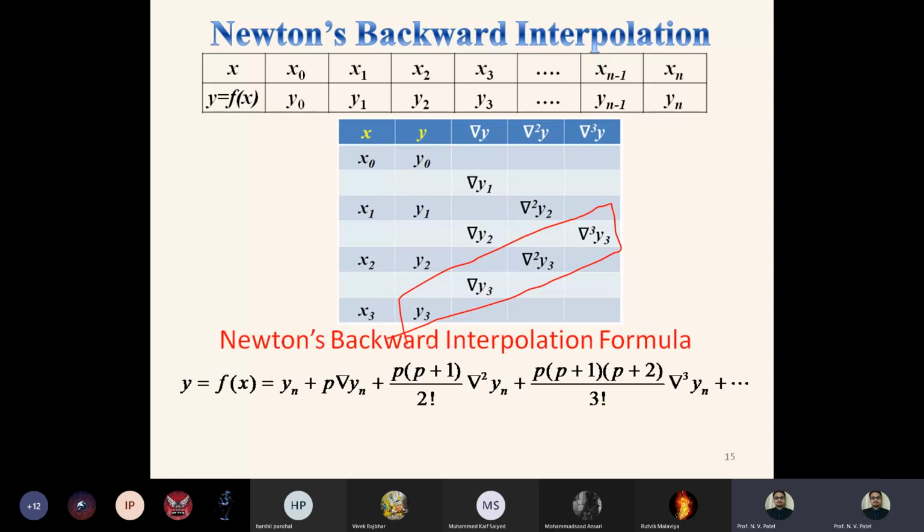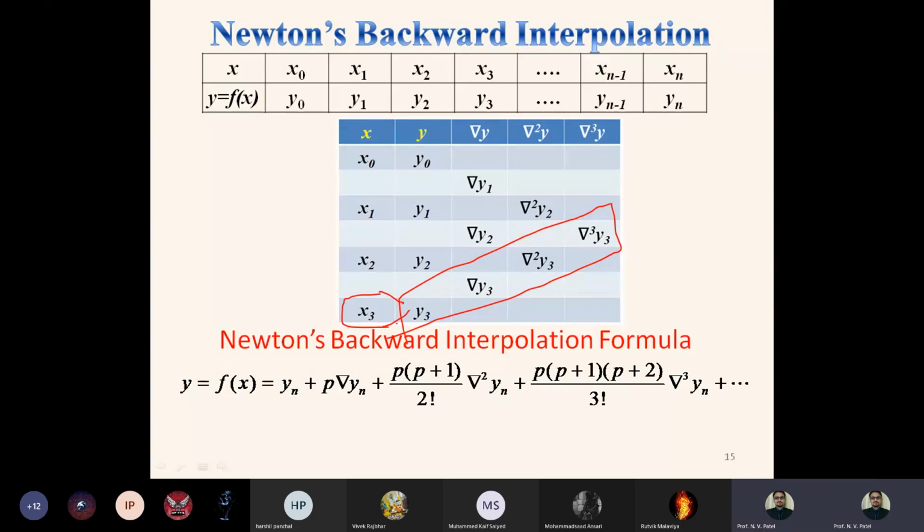The formula is a little bit the same here also, but it starts from yn. yn means the last value of table y, because we have to consider everything given at the end. So yn plus p nabla yn plus p into p plus 1 by 2 factorial nabla square yn plus p into p plus 1 into p plus 2 by 3 factorial nabla cube yn and so on.